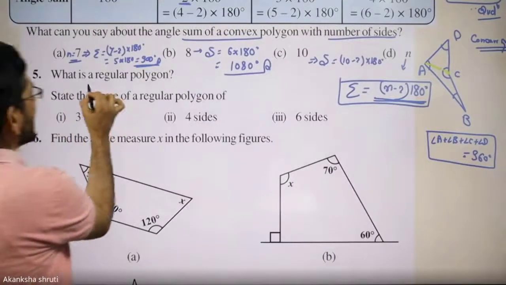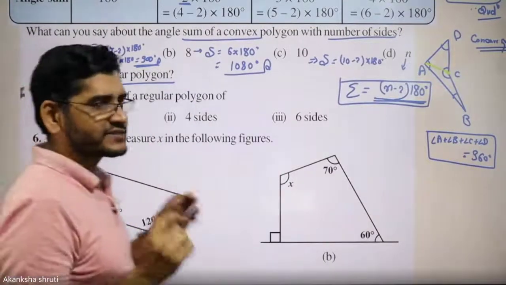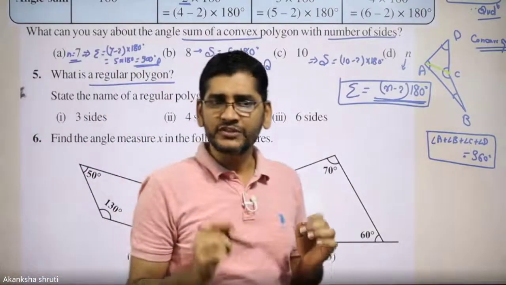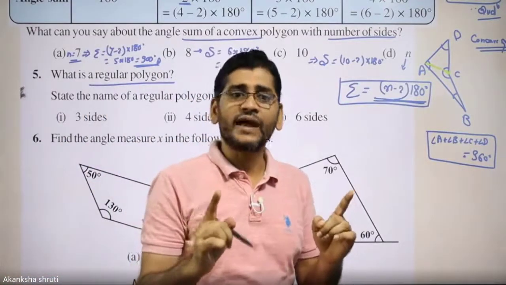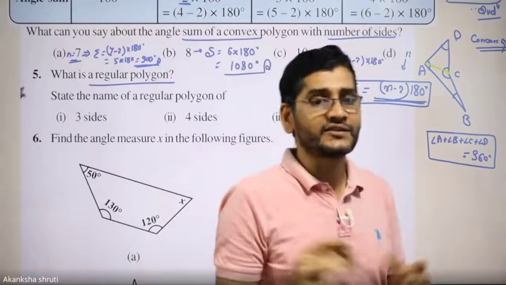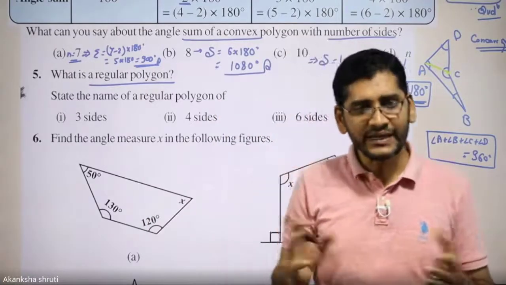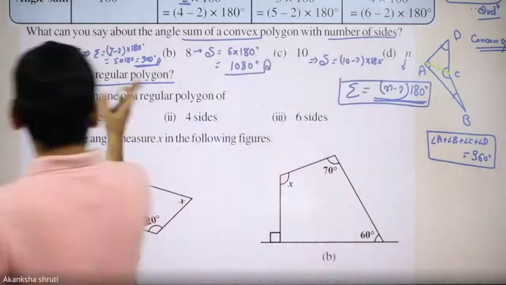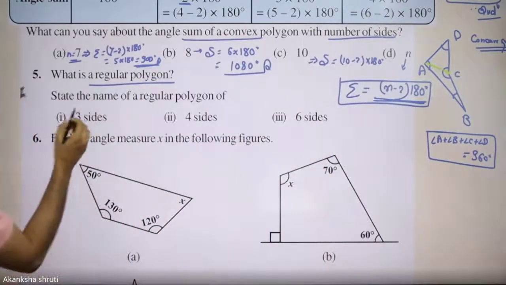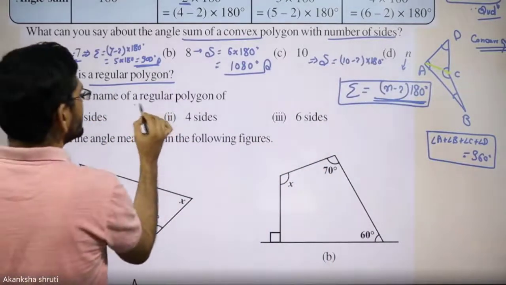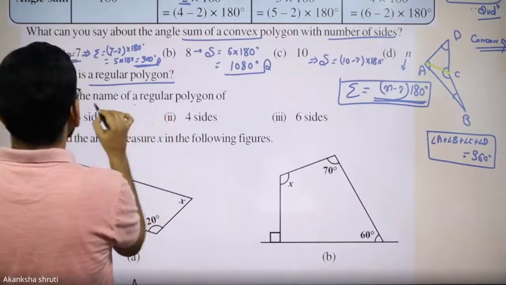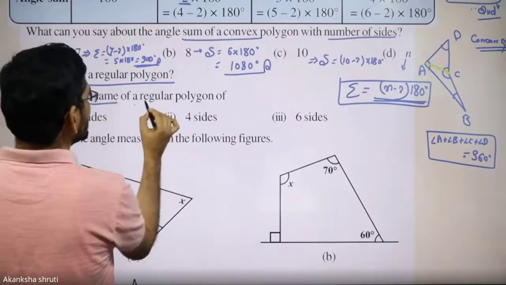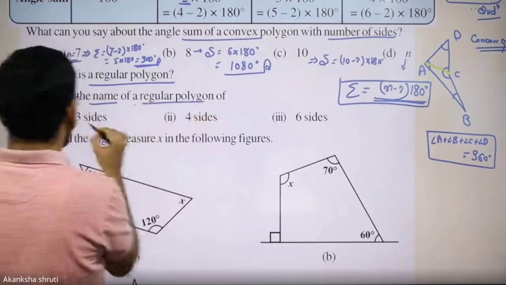What is a regular polygon? The definition I had explained. A polygon in which all the sides are equal and all the internal angles are also equal. This way the external angles are also equal. That is one thing. So you have to write the definition. State the name of the regular polygon of 3 sides.